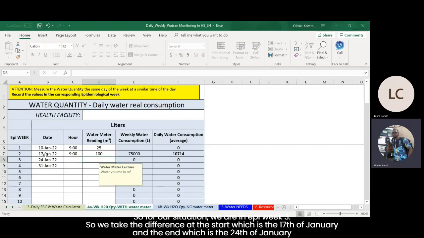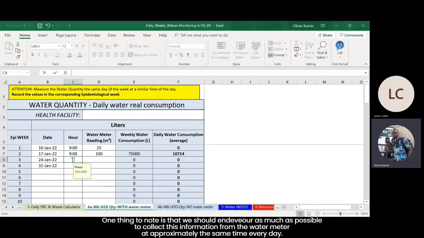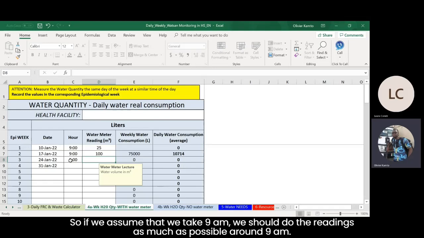So we take the difference at the start, which is the 17th of January, and the end, which is the 24th of January. One thing to note is we should endeavor as much as possible to collect this information from the water meter at approximately the same time every day.